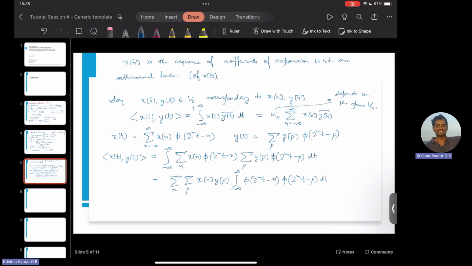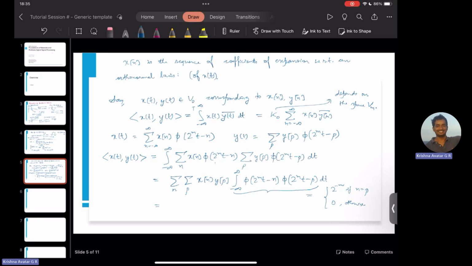And from the orthogonality property, we have the value of this integral as 2 to the power minus m if n is equal to p, and 0 otherwise. Because of this, it sets a limit on the running variable as well, or on what coefficient terms we can have in this summation.